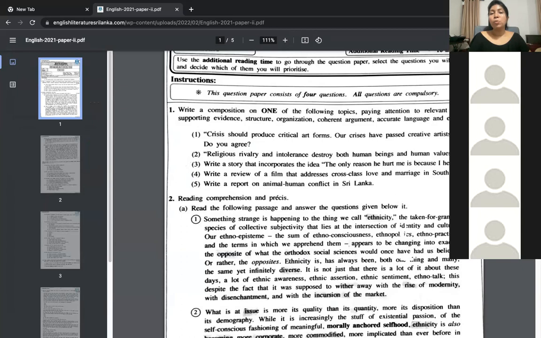You are supposed to do creative writing, like writing a short story, and they may give you a situation, or they may give you a sentence. You have to incorporate the sentence into your story and develop a story.